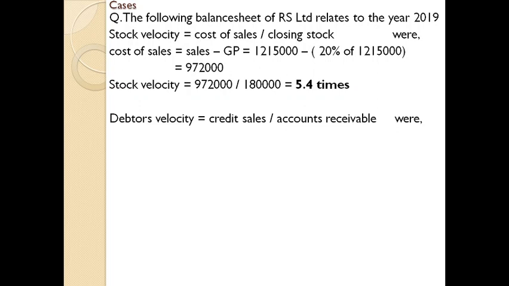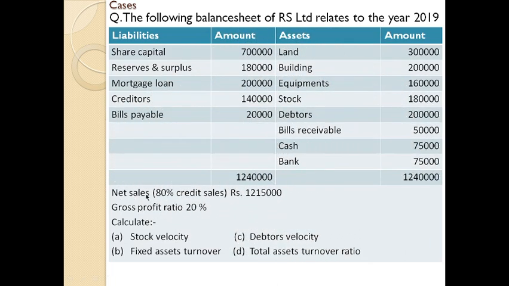Whenever such information is given, make sure that the sales is considered depending upon the nature of the question. Here debtors velocity is credit sales divided by account receivable. In the question it is said that 80% of net sales, that is 80% of 12,15,000, is credit sales. So it is easy to find credit sales.